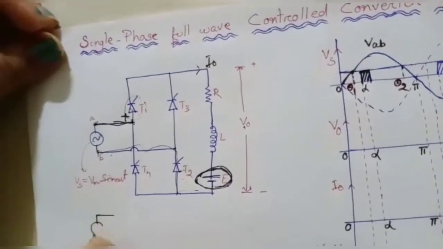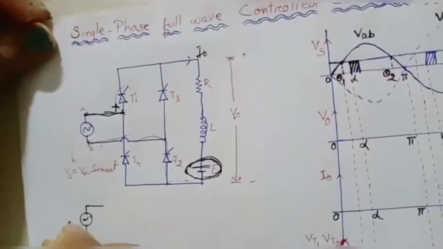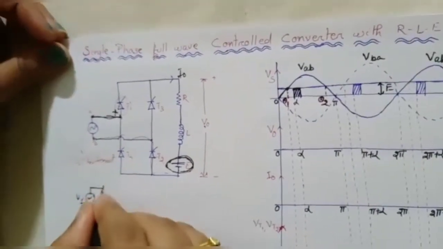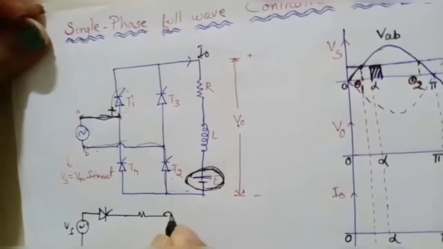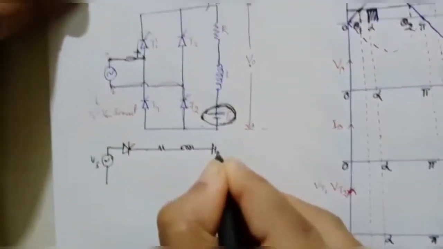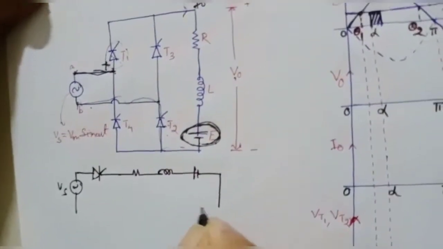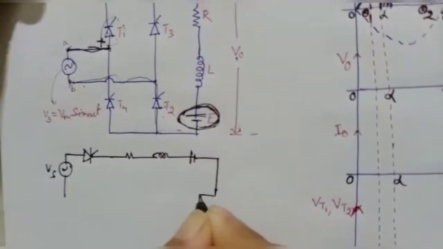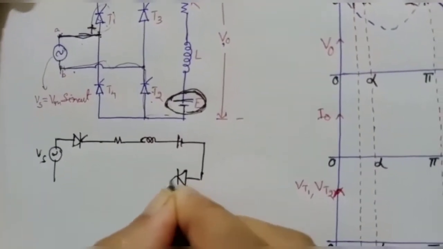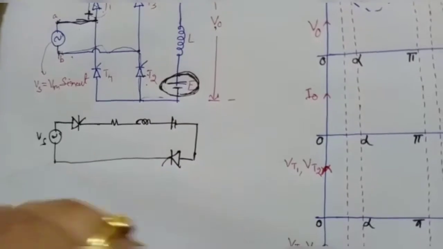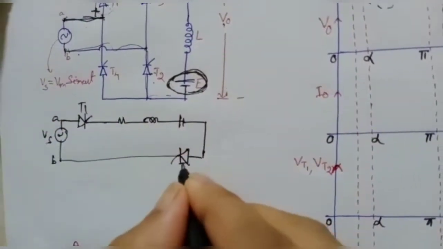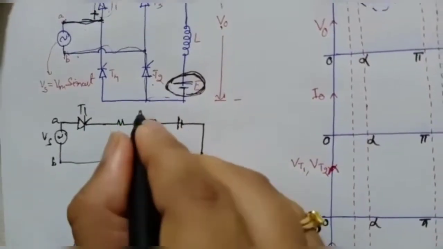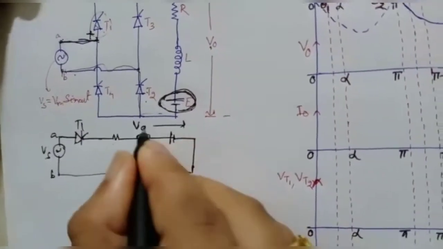Suppose this is Vs, then T1, then the load R, L and E, then the path is T2 and back to the source. This is point A, this is point B, this is T1 and this is T2, and this is V0.